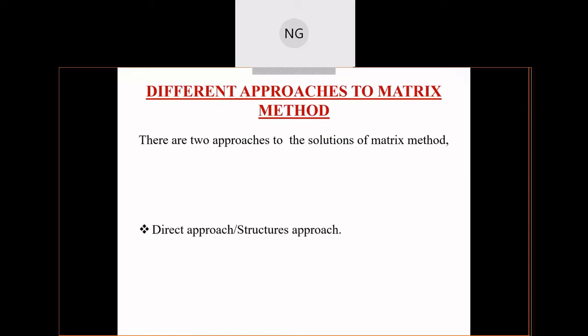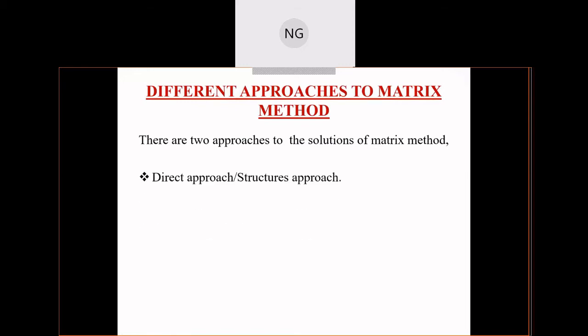There are two different approaches to the solution of the matrix method. The first one is the direct approach, also called the structural approach. The second is the transformation matrix approach or element approach.